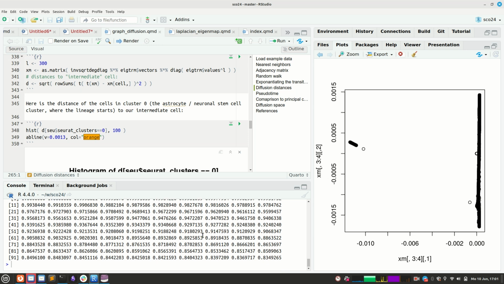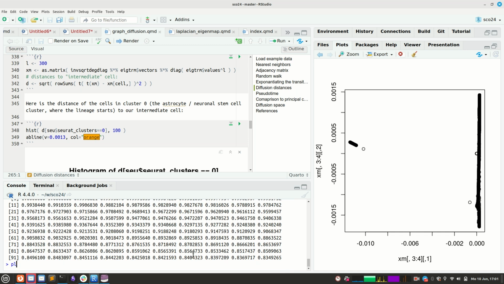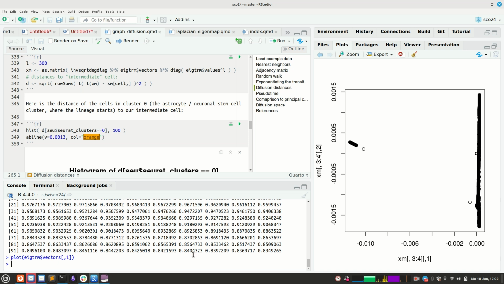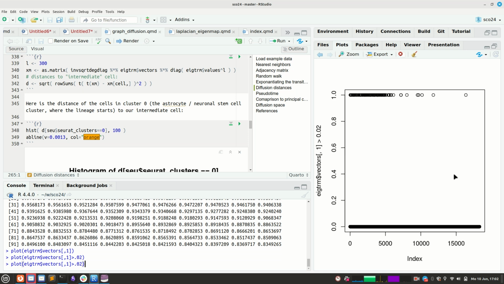And we can easily see what these 2 components are by checking out the first eigenvector, or the first 2 eigenvectors. This is the first eigenvector, and you see there's a couple of cells which are on top here and the others are below, so probably greater than 0.02.